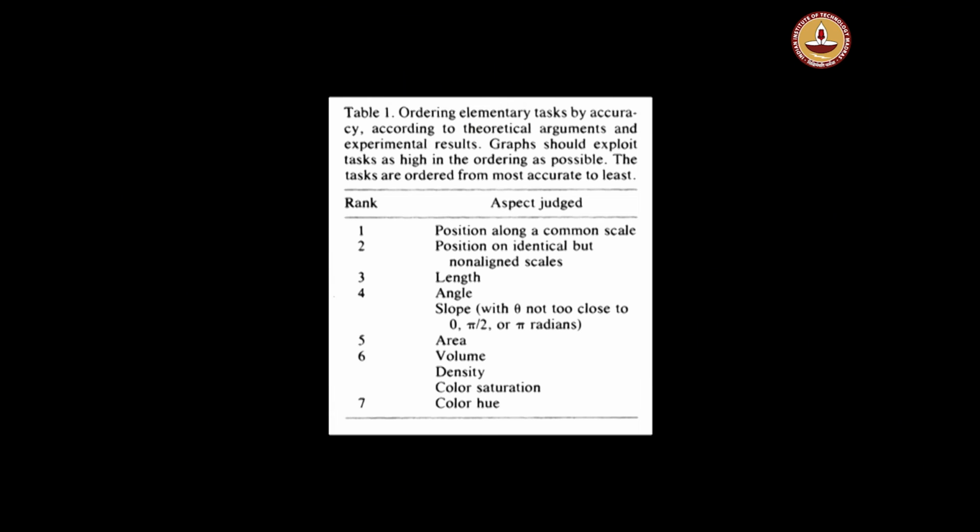I don't know what the difference between angle and slope is. Area is less effective, volume is harder, and density, color saturation and color hue all come below that.